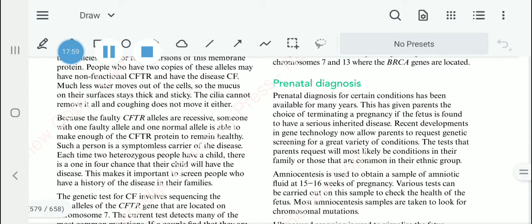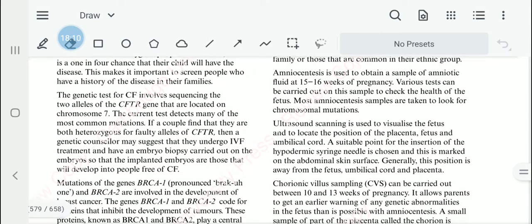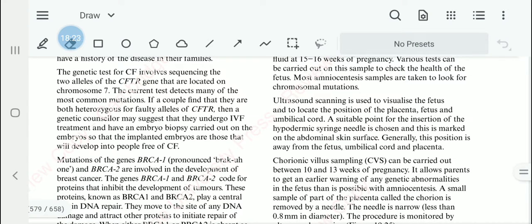However, this has the risk of increasing the risk of miscarriage. Number two, chorionic villus sampling is taking a sample of part of the placenta called the chorion, which is removed by a needle.